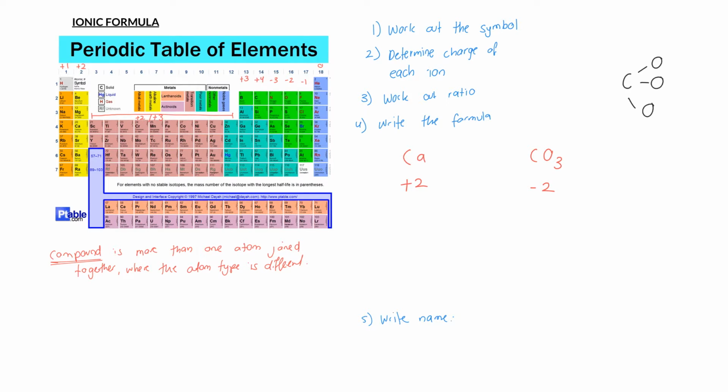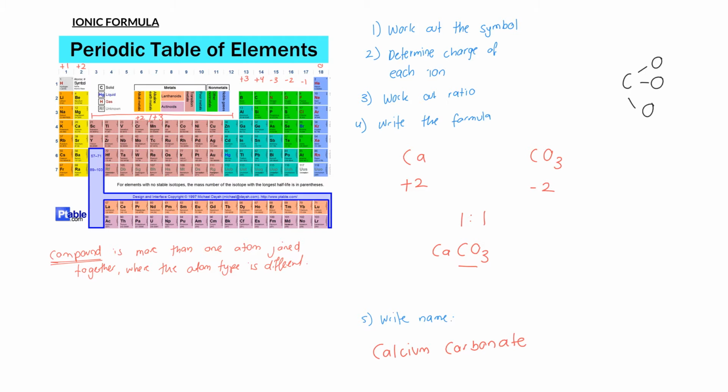This one has a -2 charge, so therefore it's going to become a 1-to-1 ratio. We write it out as CaCO3. What's the name? Well, we notice that it's got a non-metal plus oxygen, so it's going to be calcium carbonate.